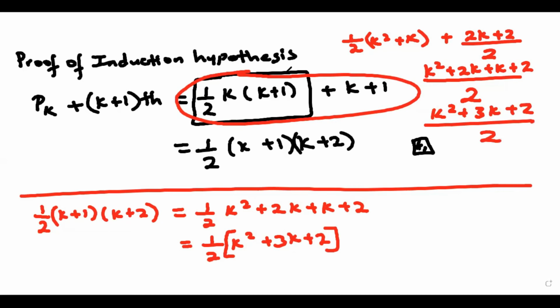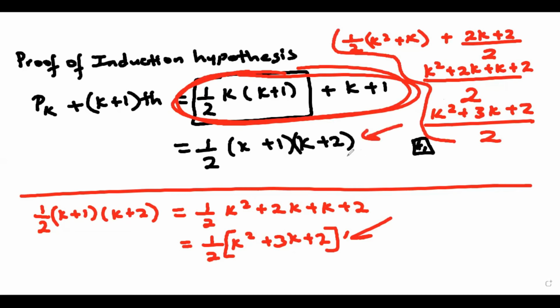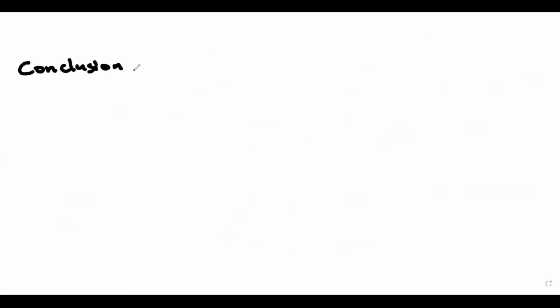So you can always simplify this and simplify the induction hypothesis to actually see where it's coming from. So what we did, instead of showing all of this working, I just cut to the chase. And then you conclude. So by PMI, and then you use what they asked in the question.